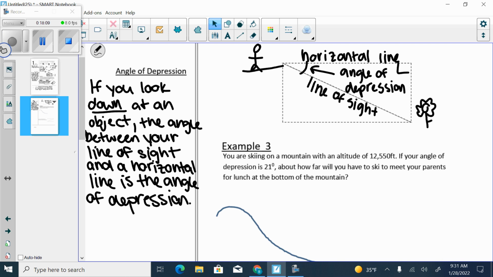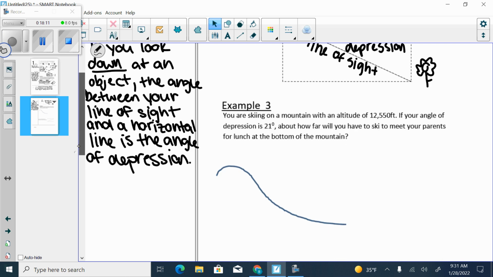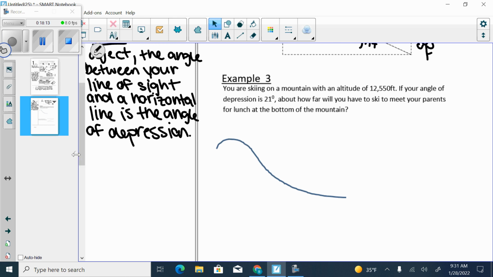Okay, so this little line they drew for us here is the slope, okay? If you're skiing down to meet your parents, you must currently be up here at the top, right? Okay, you're skiing down here to meet them, okay?